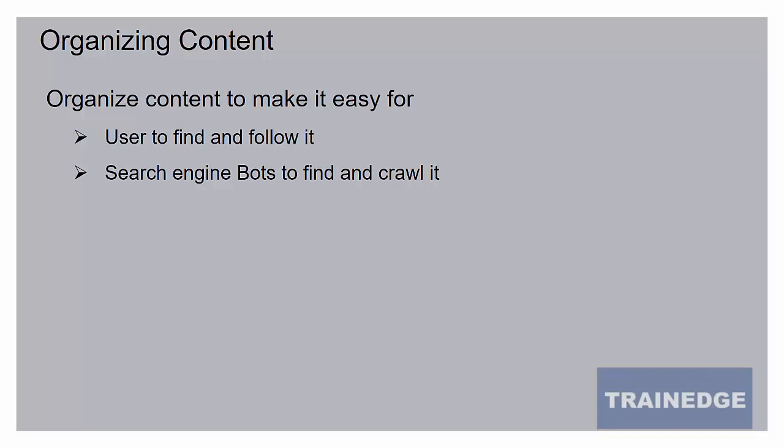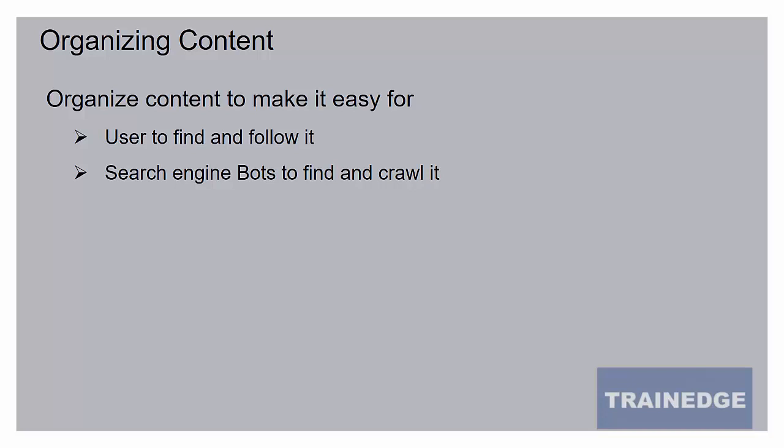You might want to link to this new content from existing pages so people can come to this page while they're on another page. So on the home page, you provide a link to page A, and then page A in turn links to page B. So if users go from the home page to page A, they'll be able to find page B. And the same thing holds for search engine bots.